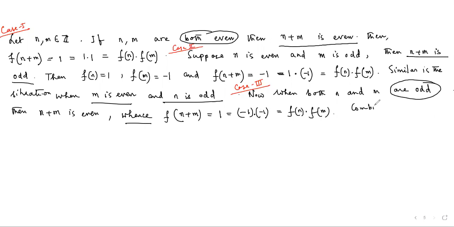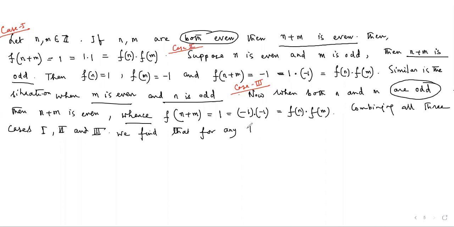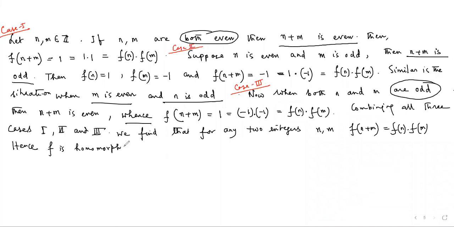So combining all three cases 1, 2, and 3, we find that for any two integers n, m, f(n+m) equals f(n) dot f(m), and hence f is a homomorphism from the group Z plus to this group.